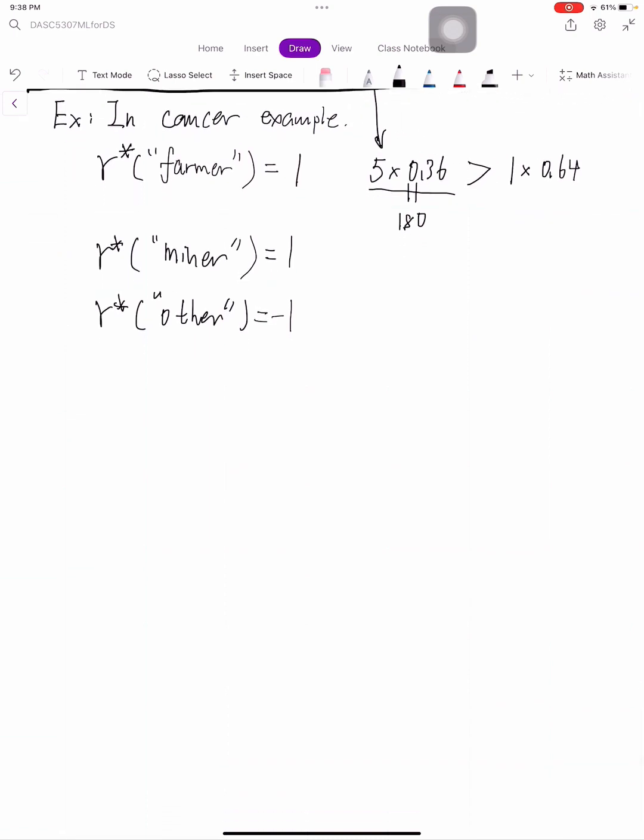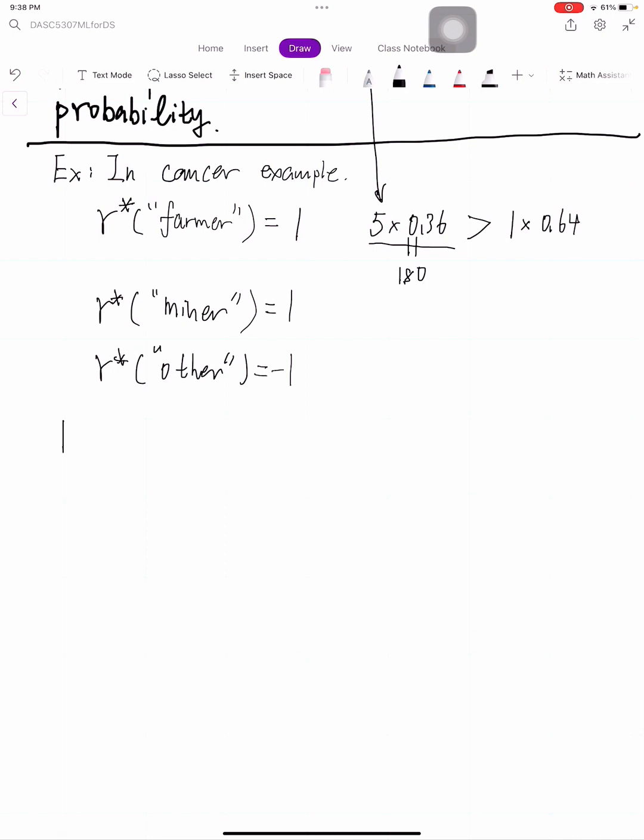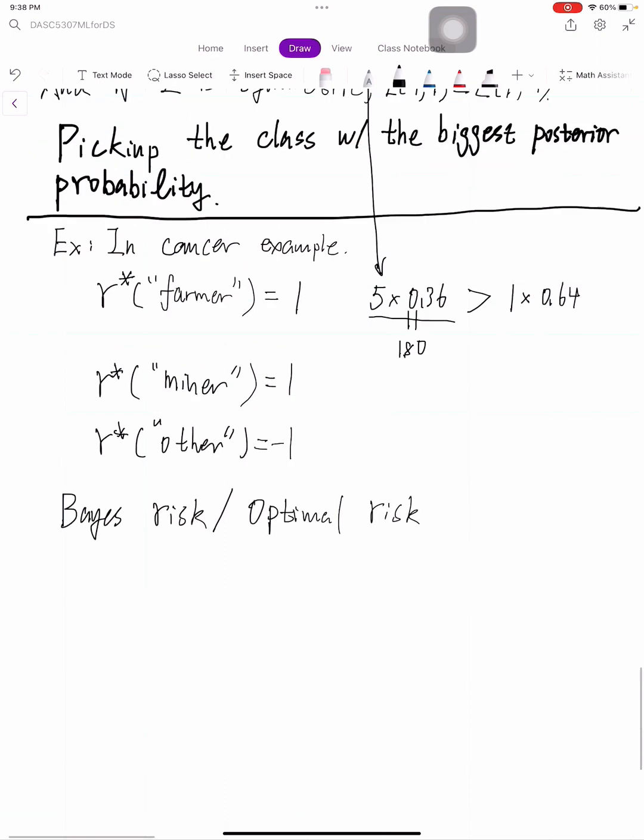And we can also calculate the risk. Remember, the risk is just the expected value, the Bayes risk or optimum risk. We can also calculate this.